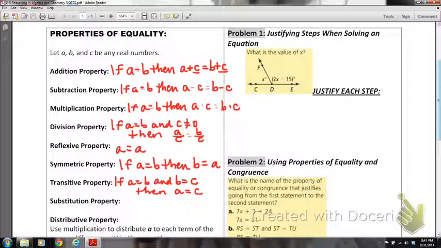That's another way of saying that property. So A is equal to B and B is equal to C. They're both equal to B, so that means that A and C have to be equal to each other.